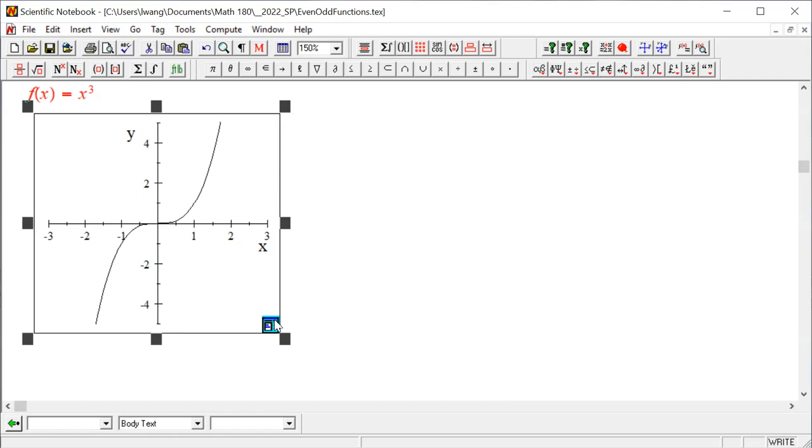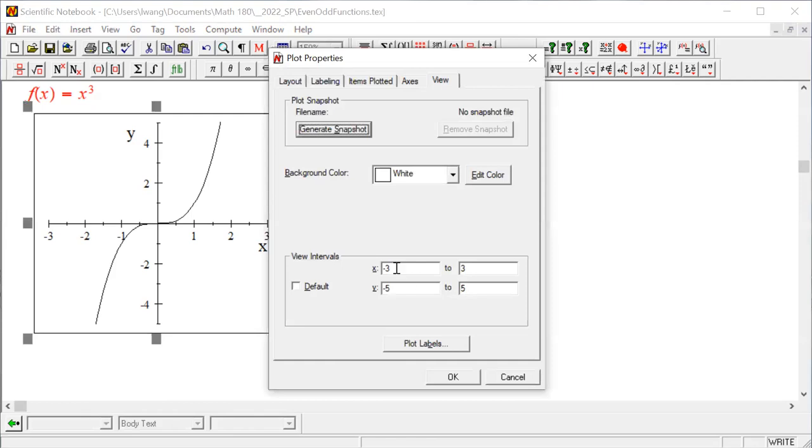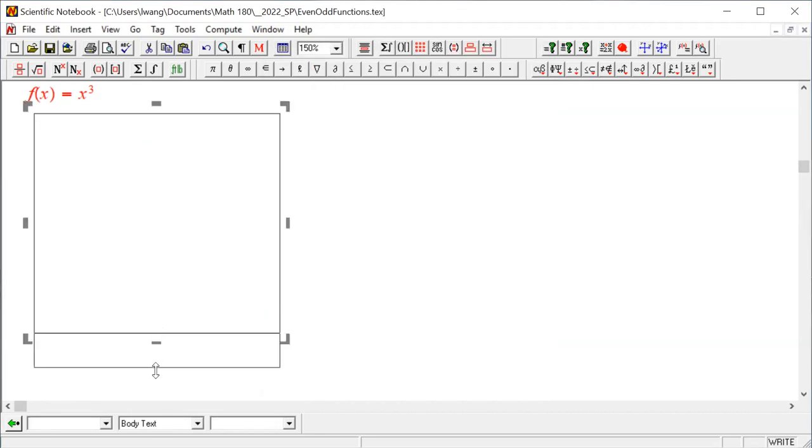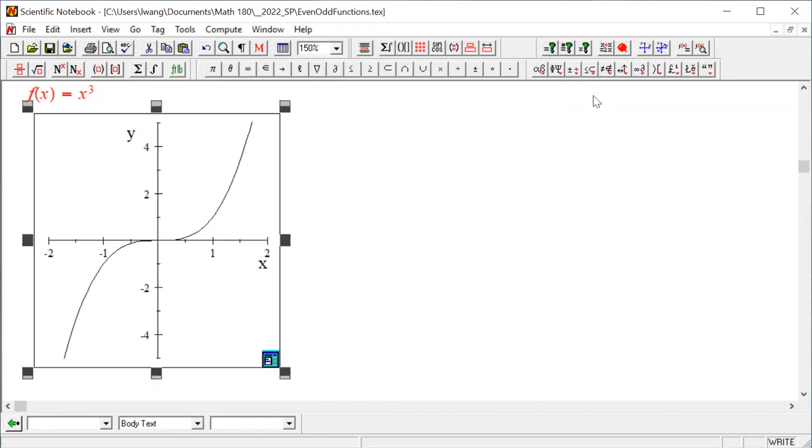Let me make a little adjustment so that it's easier to see. So now, what is f of x? Basically we need to observe.